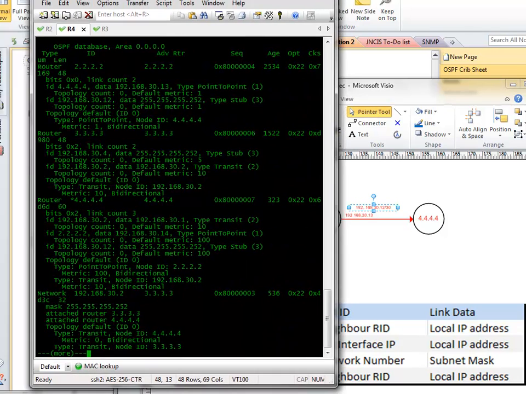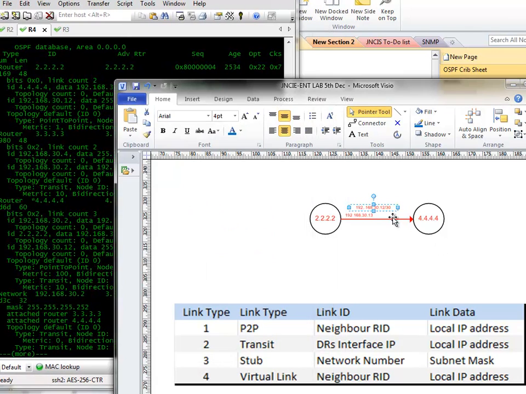Okay, that's interesting. I'll switch to a different colour here just to make it clear what is being described by what device. So let's change that to blue. This is saying that the DR is equal to the transit DR's interface IP.